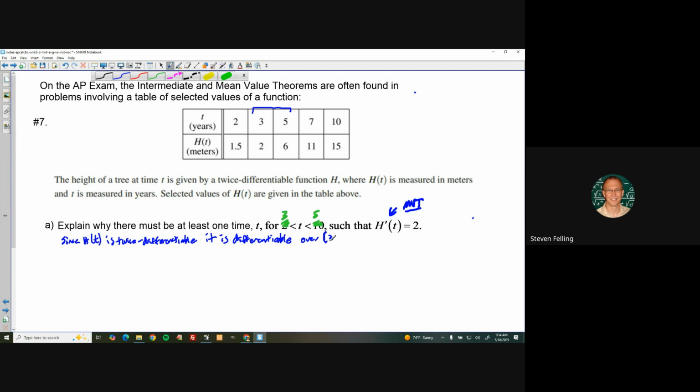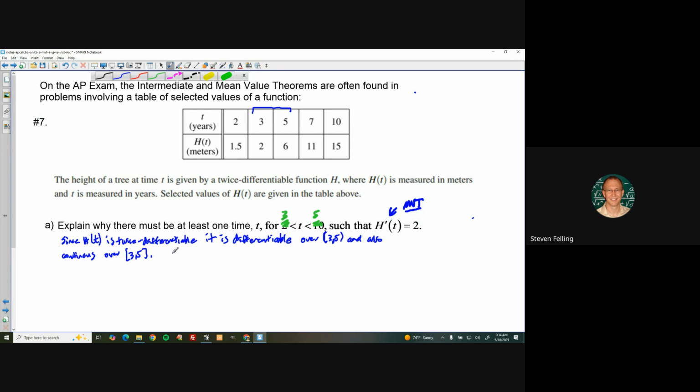And it only has to be the open interval. And you can say, and also continuous over the closed interval 3 to 5, because a function can't be differentiable unless it's also continuous.